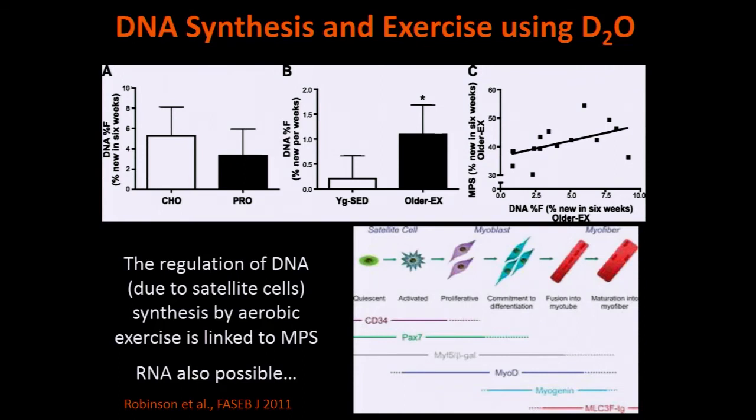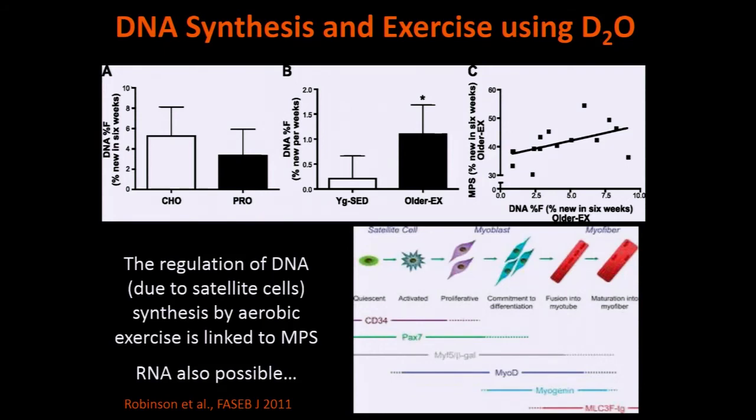But this is, again, another study from Ben Miller's lab showing essentially that when exposed to a training program, although the groups were a bit random in that there was a young sedentary group compared to an old exercise group, in the young sedentary group, they were unable to detect any significant change in DNA synthesis under rested conditions, which is consistent with the notion that DNA turnover in adult muscle is relatively low, of course.